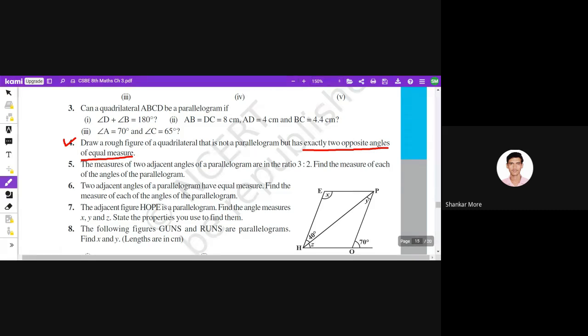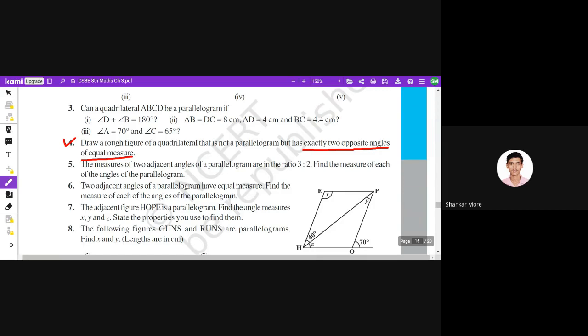Do you remember or not? Yeah, we discussed the kite, right? How can you forget? So the kite is a figure which is not a parallelogram, but exactly two opposite angles are of equal measure.